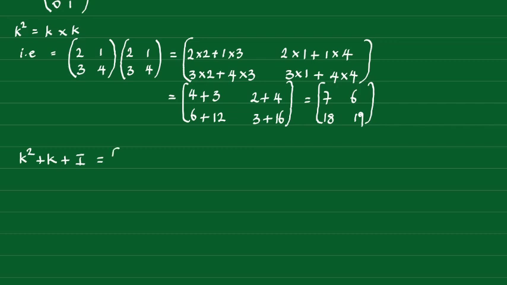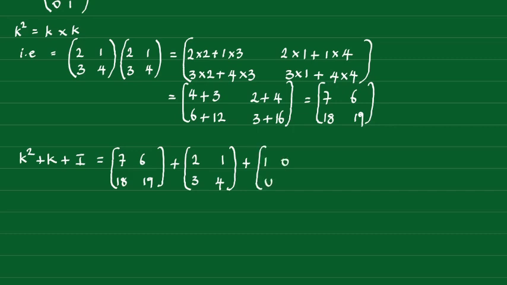Now copy out our value for K squared, [7, 6; 18, 19], plus our value for K, which as we recall is [2, 1; 3, 4], plus our identity matrix I, which is [1, 0; 0, 1].